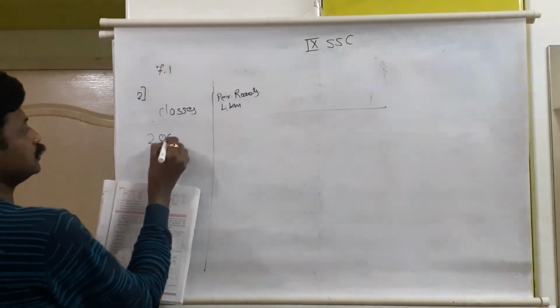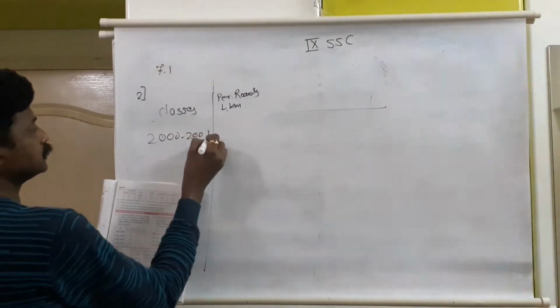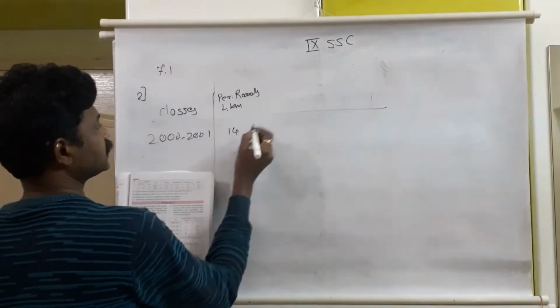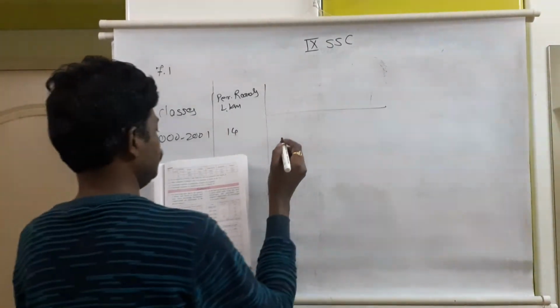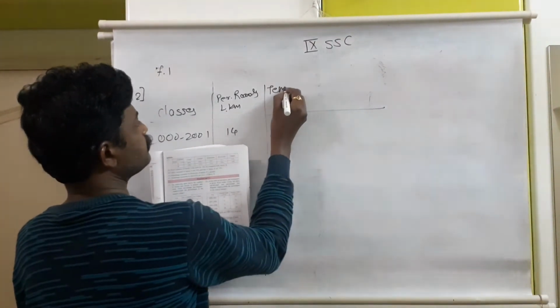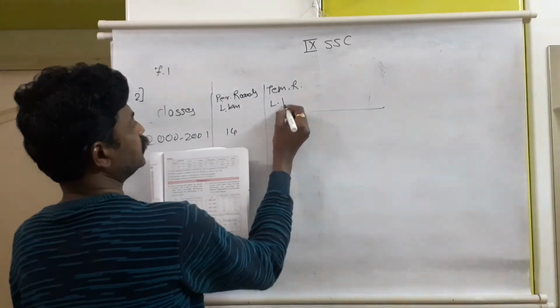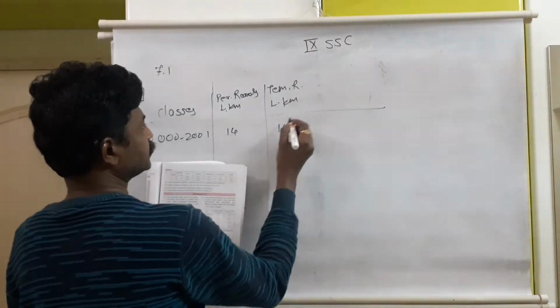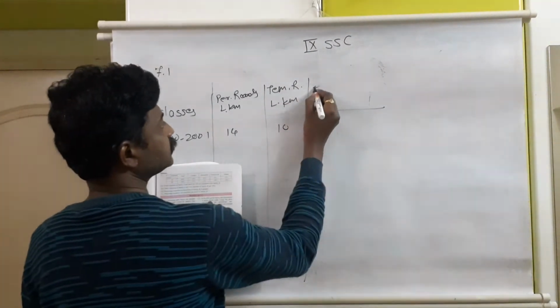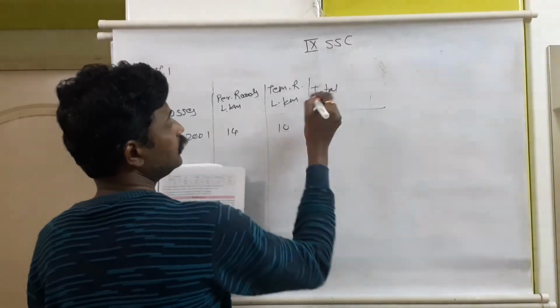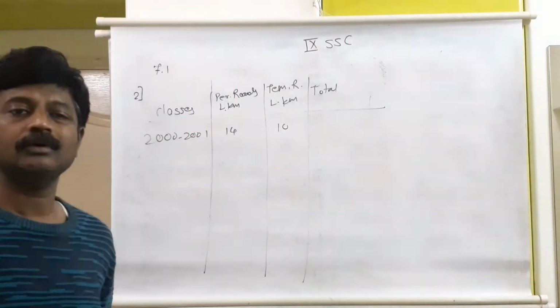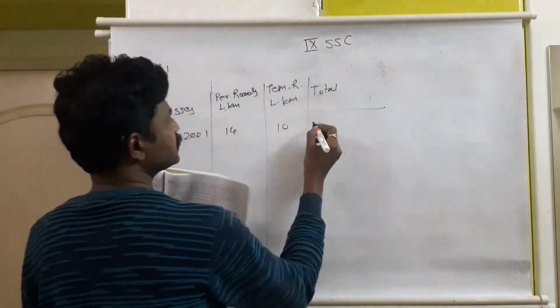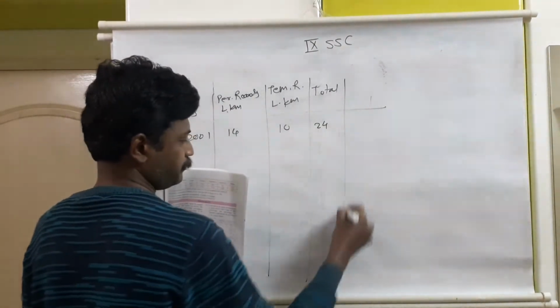For 2000 to 2001, 14 lakh kilometer permanent roads were available. Then temporary roads, also in lakh kilometer, 10 lakhs were there. We need the total of this, then only we will be able to convert it into percentage. So 14 plus 10, total is 24.